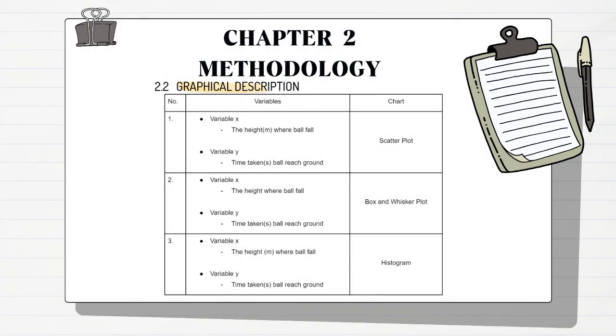Next is the second method, which is graphical technique. Variable x is height and the variable y is time taken. The charts used in this data are a scatter plot, box and whisker plot, and histogram.